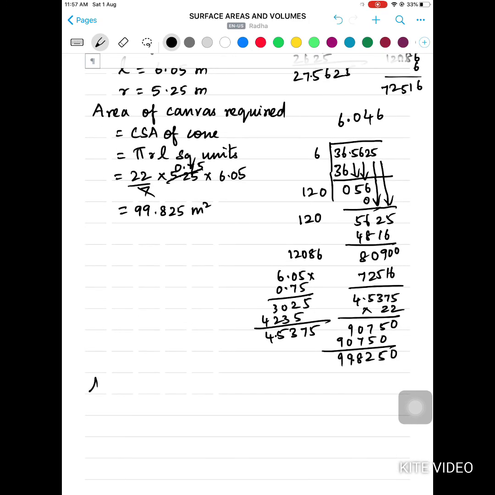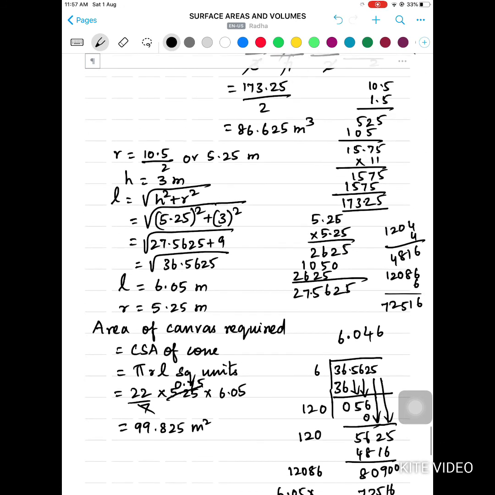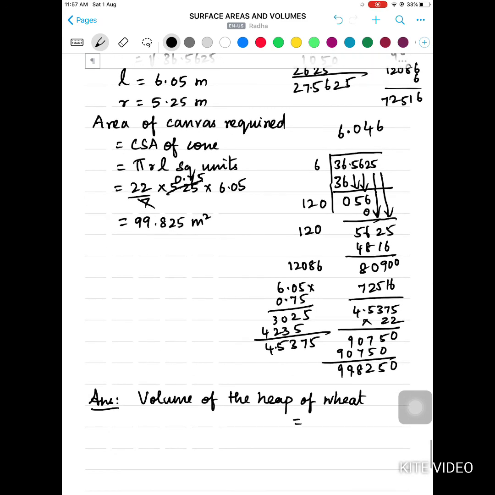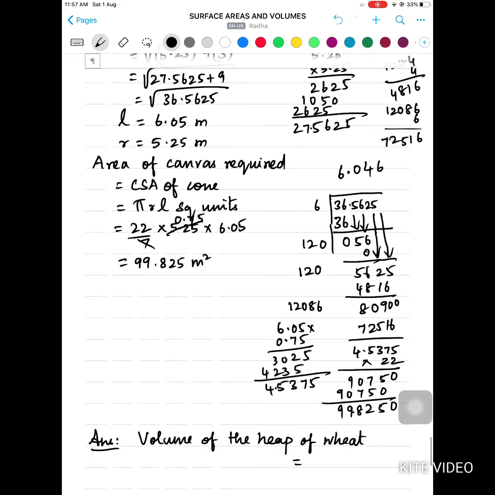The final answer should be written as volume of the heap of wheat, that we found as 86.625 meter cube.